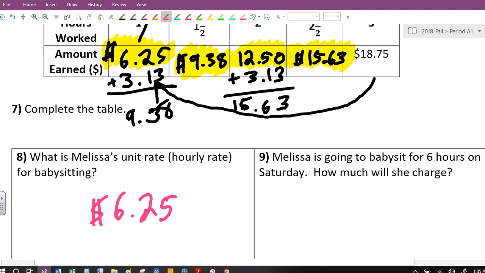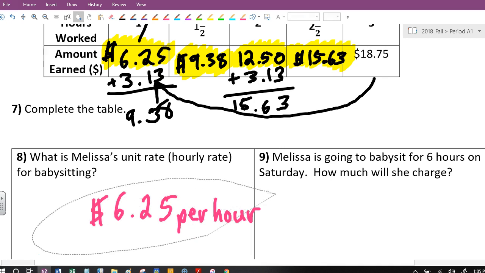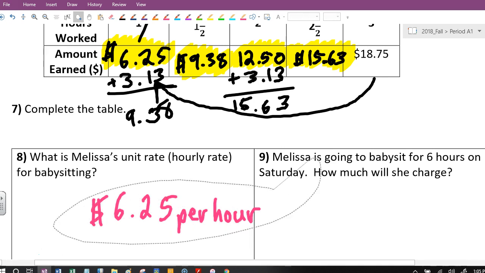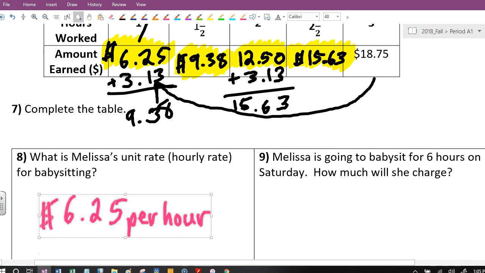But we have to write what it means. $6.25 for what? Every day, every year, every 1,000 years? $6.25 per hour. As a matter of fact, I should use my magic lasso and move it over. Wow. Oh, well, you're just jealous because you can't do this on your paper.